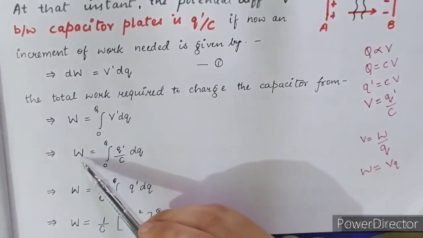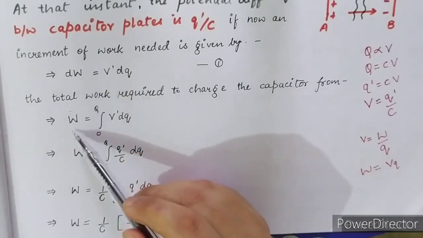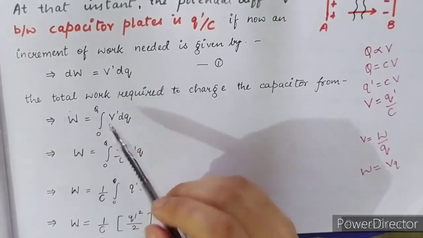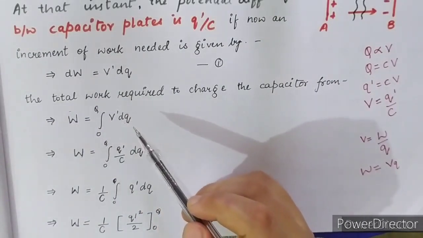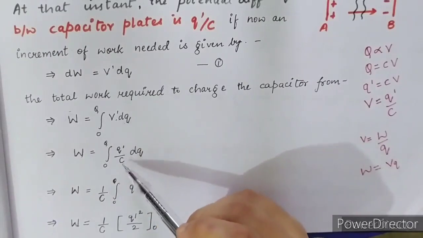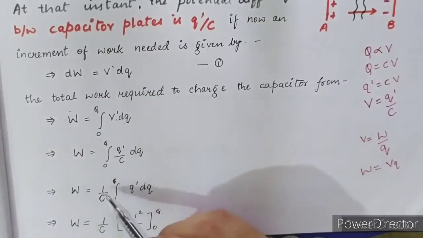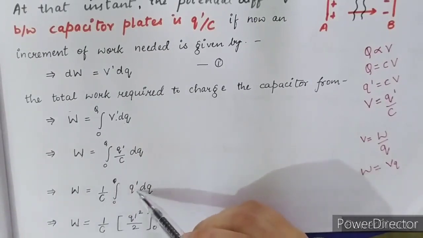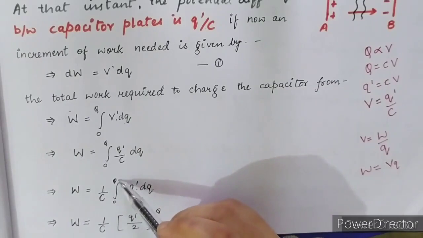As we do integration, dW integrated is W, integration from 0 to Q of V dash dQ. Now put the value of V dash, Q dash upon C dQ. C is a constant, so 1 upon C times the integration of Q dash dQ from limit 0 to Q.